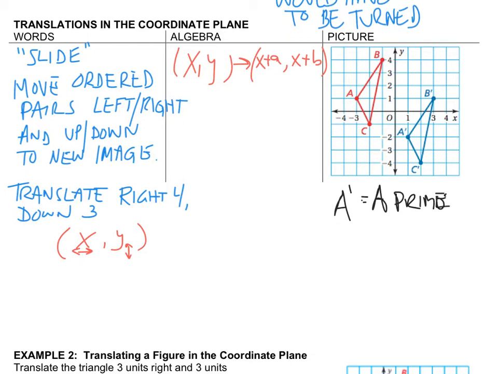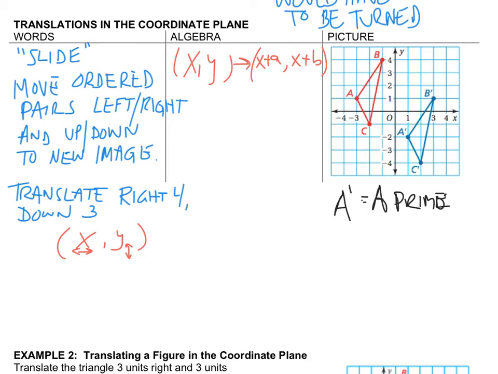And A prime basically tells me that that's the new image. A, B, C, this triangle with these vertices named as just single variables, those are the original ones. A prime, this would be the new one coming from that.